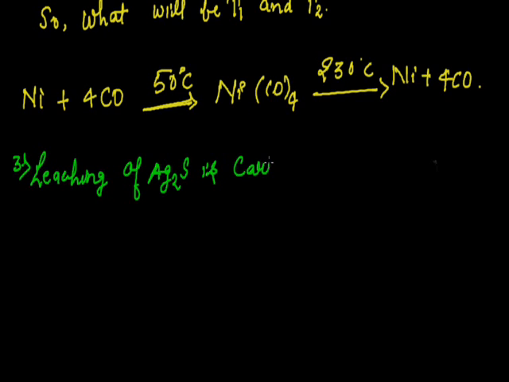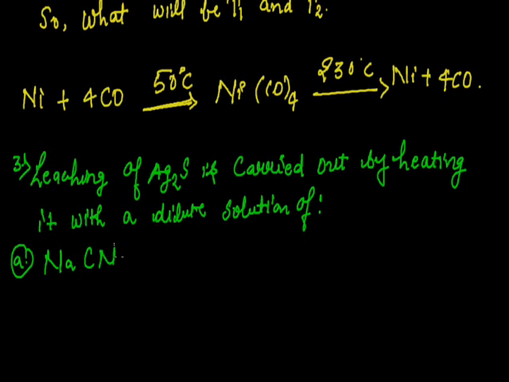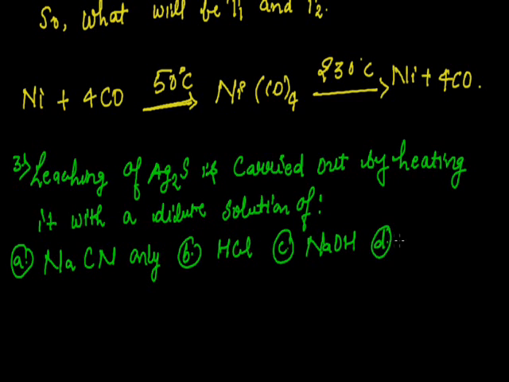Third question: leaching of Ag2S is carried out by heating it with a dilute solution of option A, NaCN only, option B is HCl, option C is NaOH, and option D is NaCN in the presence of O2.